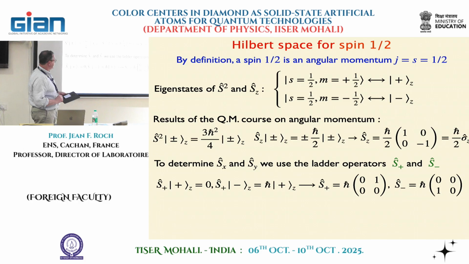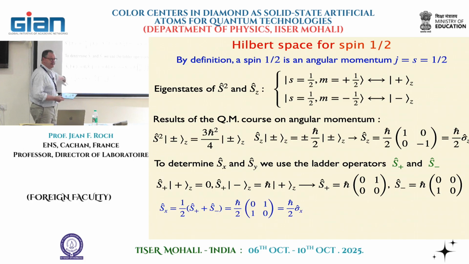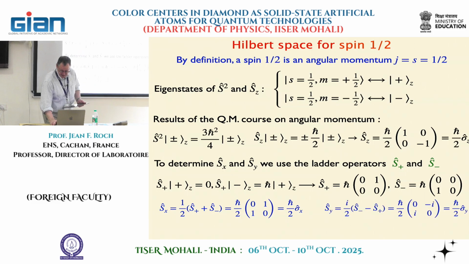OK, I have S plus and S minus. And from that, I can compute Sx, the projection of the angular momentum vector S on the x-axis perpendicular to Z. And this is h bar over 2, again a 2x2 matrix: 0, 1, 1, 0. And this I will call sigma x. Same for the y direction.